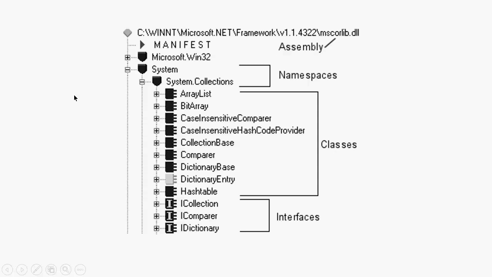Inside a DLL we will be having this information. When you go into the Microsoft Corp library DLL, you will be having these things. Manifest means you will be having the information about this DLL, like what is the version of it, who is the copyright owner of this DLL, and when it got last updated. So you will be having that meta information about the DLL. And inside the DLL there are namespaces.